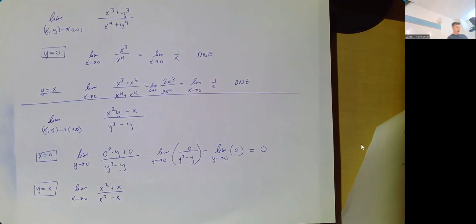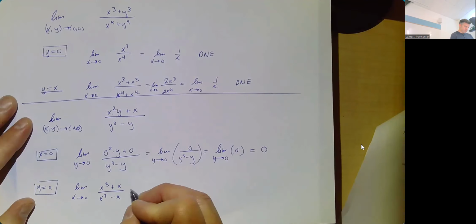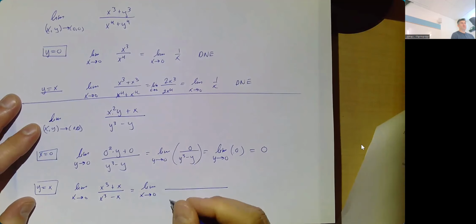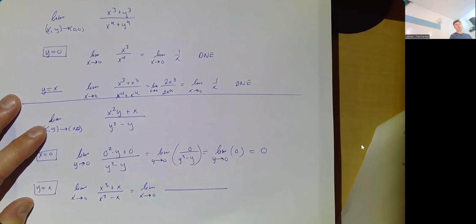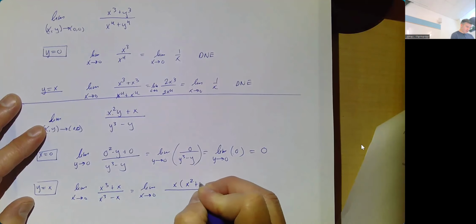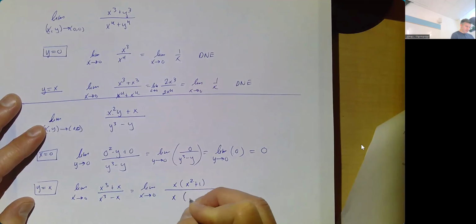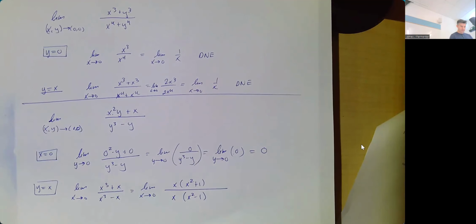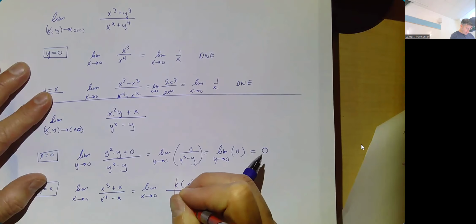Okay, let's factor out. What can we factor out on top? We're left with x squared plus 1. On the bottom, we can also factor out an x, and we're left with x squared minus 1. Cancel the x's we factored out, or divide them and get 1.